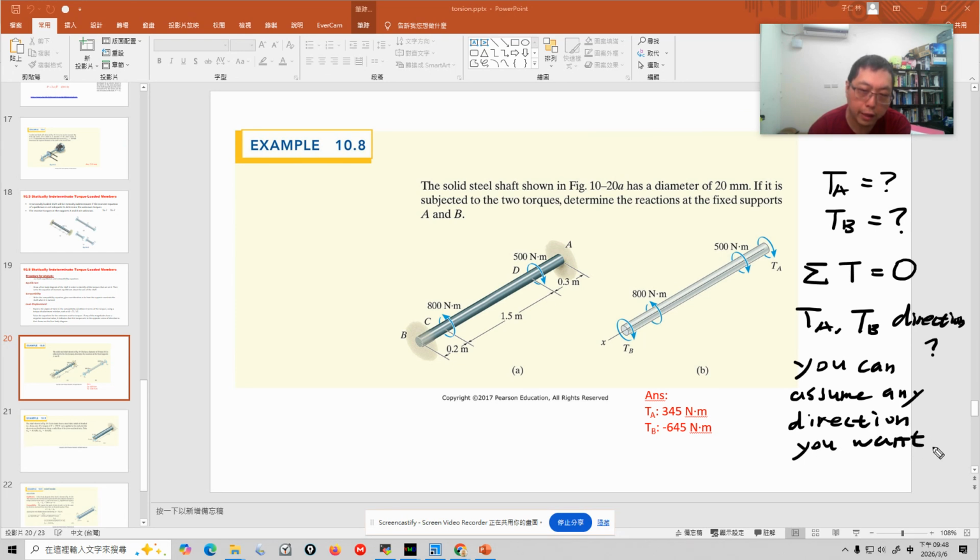But as I said in the last video, you have to define which direction is positive and which is negative.